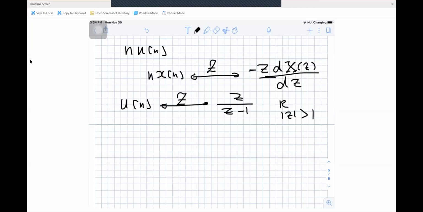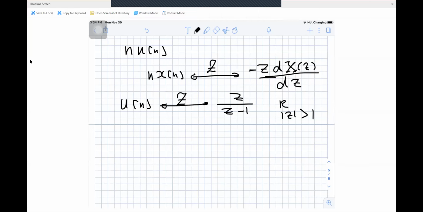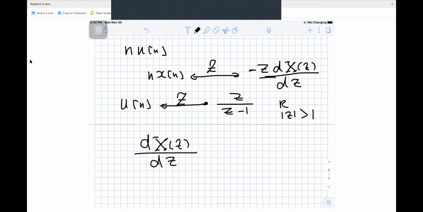Now, due to multiplication by n, first of all, we are going to determine the differentiation of X of z, and then we are going to multiply this term by minus z. So you are going to find the differentiation dX of z by dz.